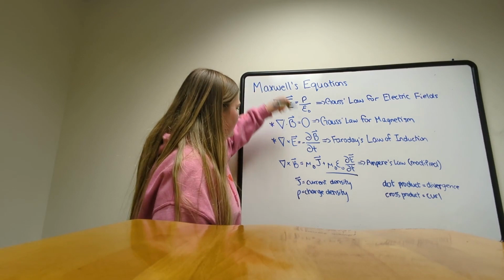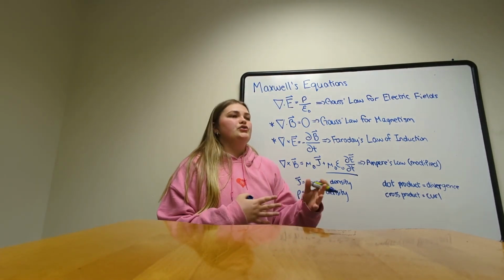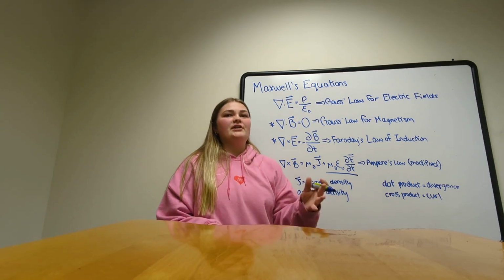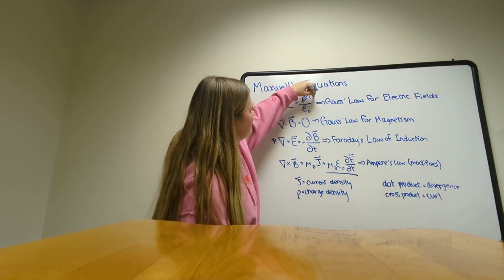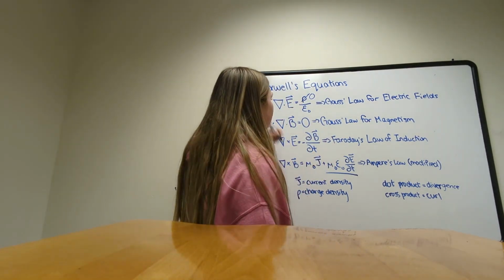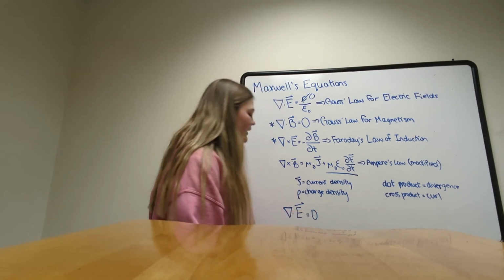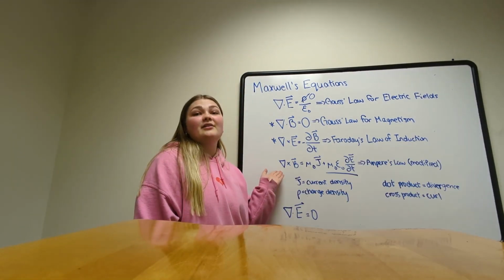With the charge density and the current density, there are no charge ions, therefore there is no flow of current. Because of that, this rho right here is going to equal 0. The next change is going to be with Ampere's law, the modified version.